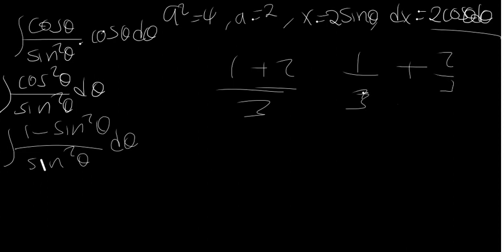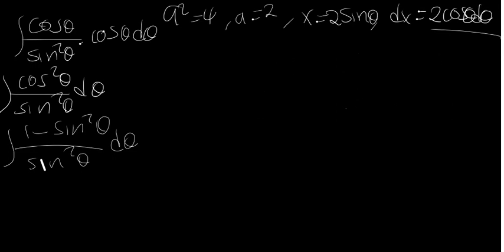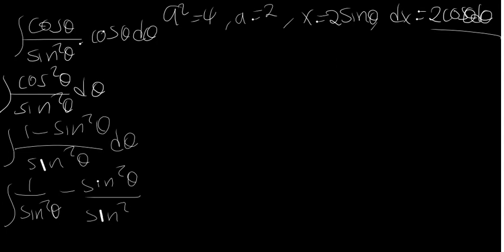So if I separate it, then we have the integral of 1 minus sine squared theta minus sine squared theta divided by sine squared theta. We put them in brackets. Okay, d theta.